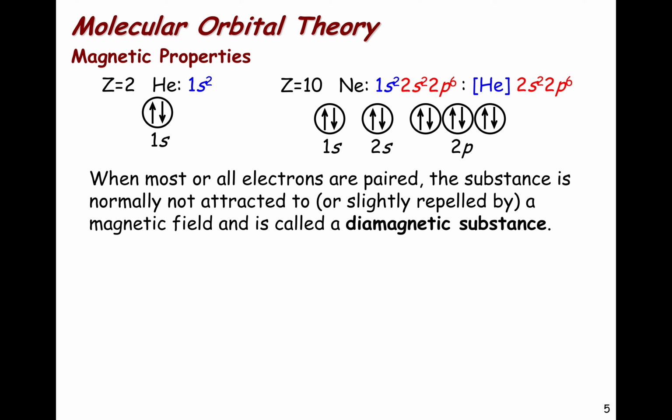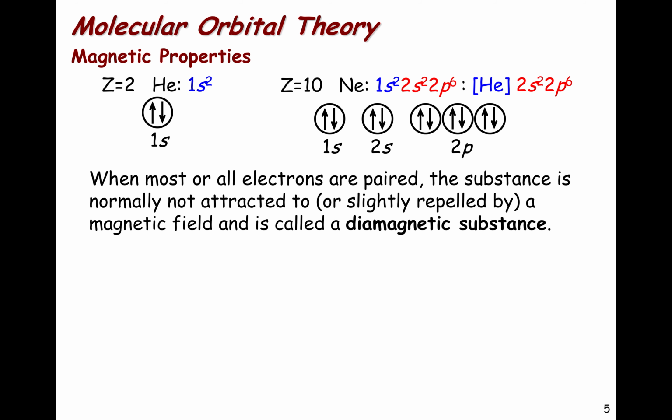So here we have 2 isolated noble gases. We have helium. In the case of helium, there are 2 electrons, both occupying the 1s orbital, but they are spin paired. They're spinning in opposite directions, so this is a diamagnetic atom. Neon likewise has the same number of plus 1/2 spinning electrons and minus 1/2 spinning electrons.